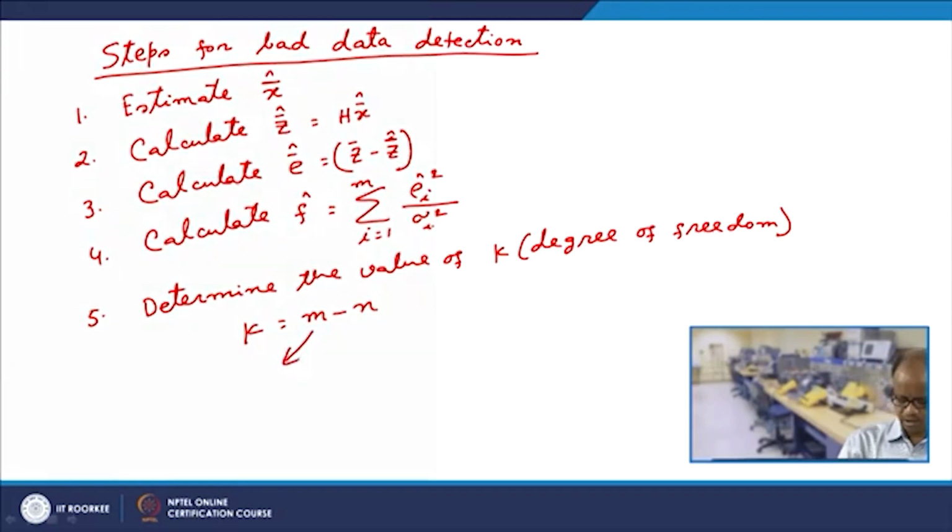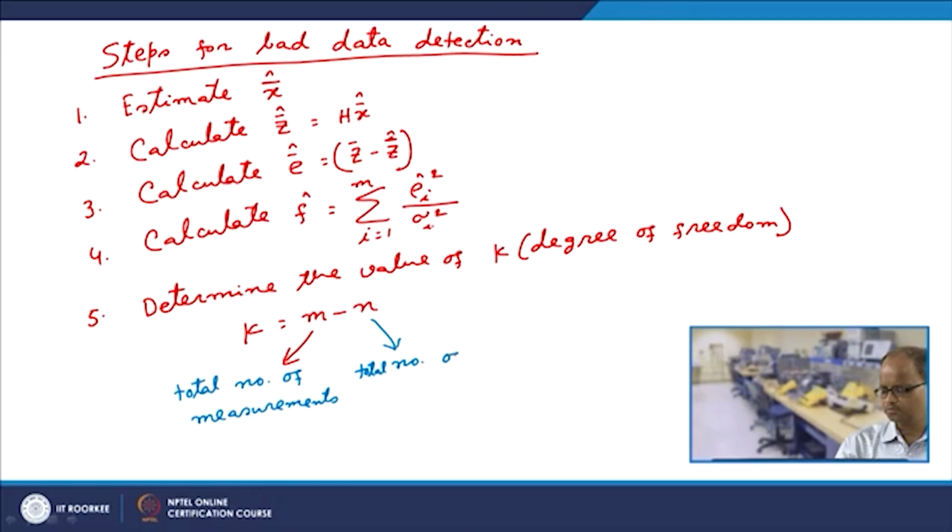M is the number of measurements, and n is the total number of states. We know the total number of states, and we already know how many meters I have put. So, k is equal to m minus n.